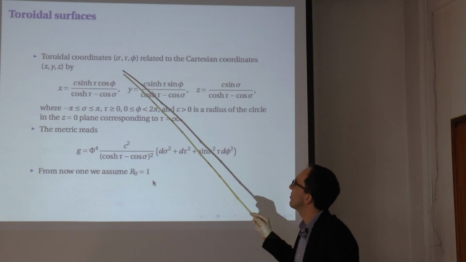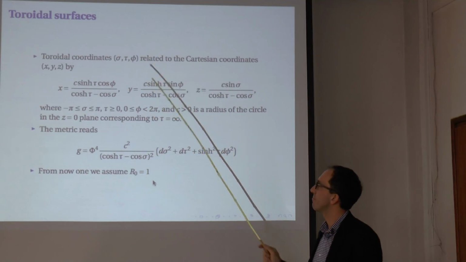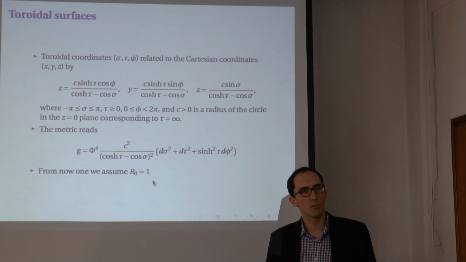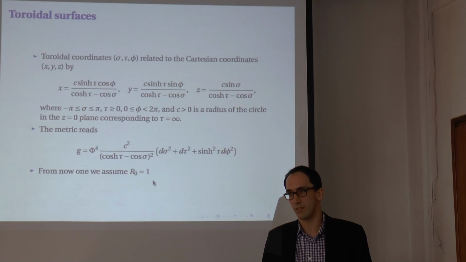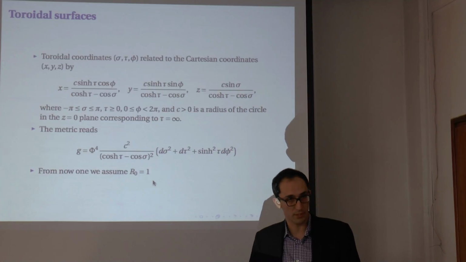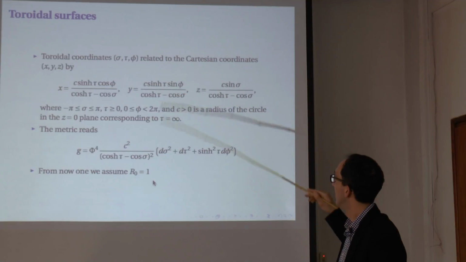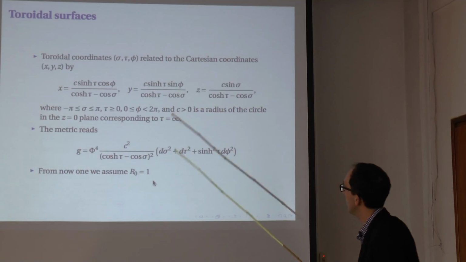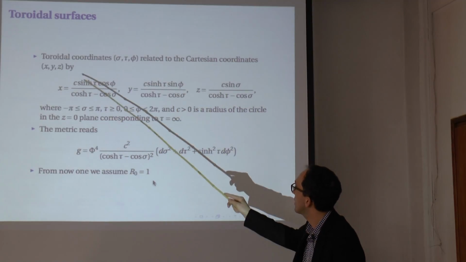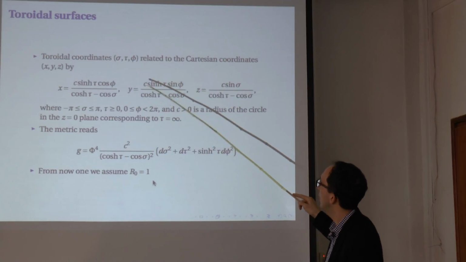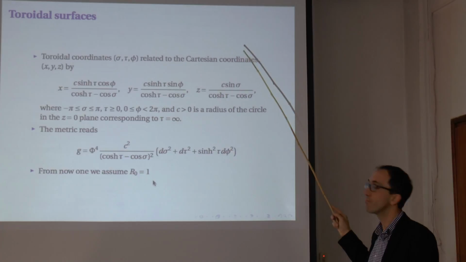So this is done in toroidal coordinates. You could also describe those tori in standard cylindrical coordinates if you don't like toroidal coordinates, but the discovery was made in toroidal coordinates. These are the standard relations between toroidal coordinates sigma, tau, and phi and the Cartesian coordinates.